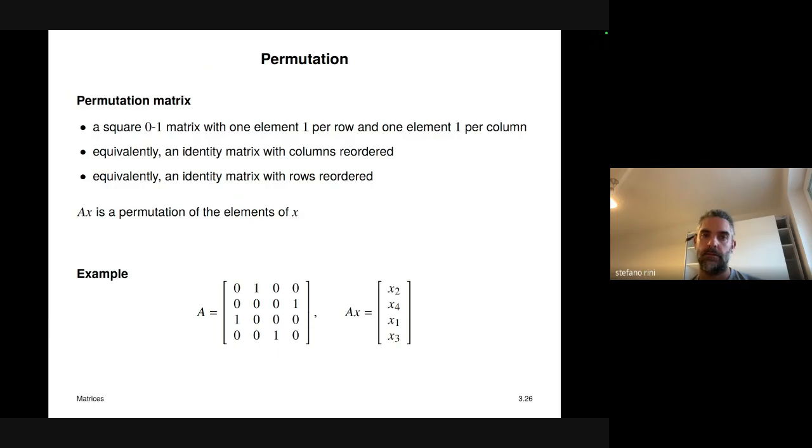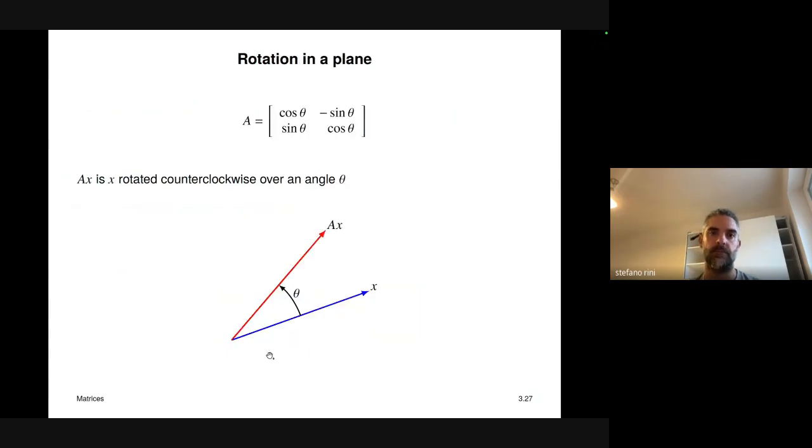This is the permutation matrix we are describing. The matrix tells you that in position 1 you will find the element 2, in position 2 the element 4, in position 3 the element 1, and in position 4 the element 3, just as we expect.